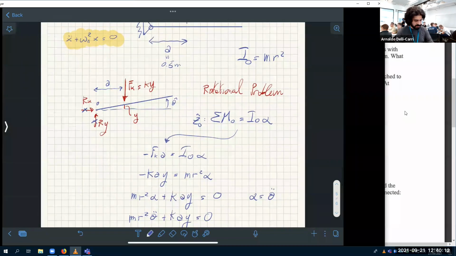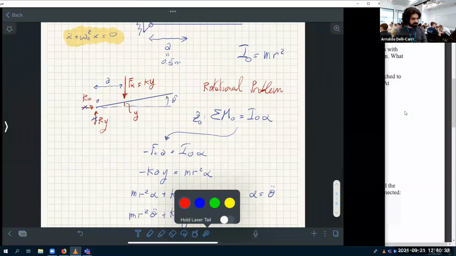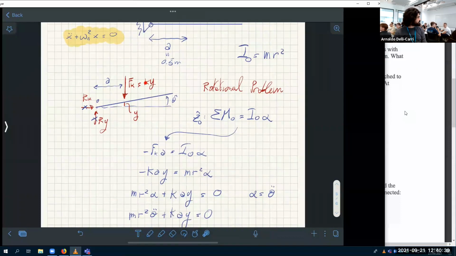Not yet, because if we have something double dot, we must have the same something without dots on the other side. But we have, yes? How do you go from Fk times A to K y A? Because I told you that Fk is Ky. Okay, so Fk is K and y, and the A is here. I'll just rearrange it.